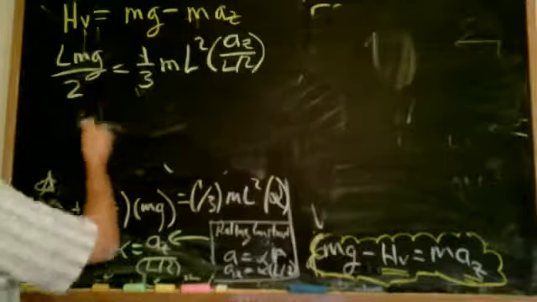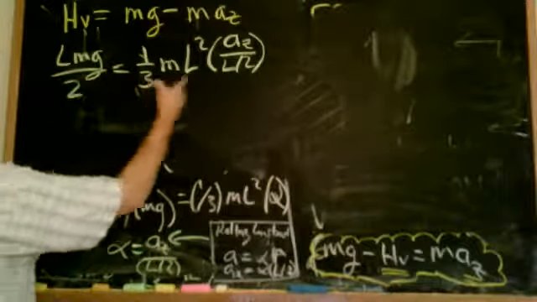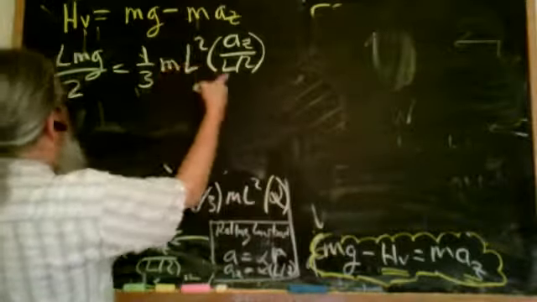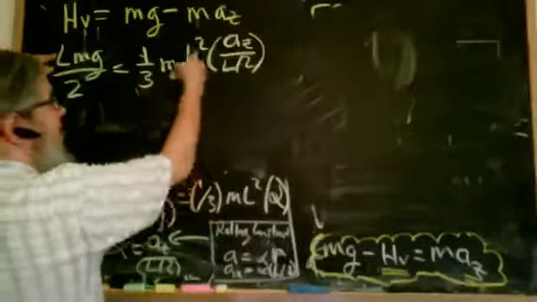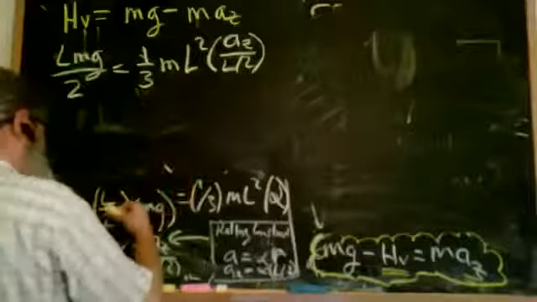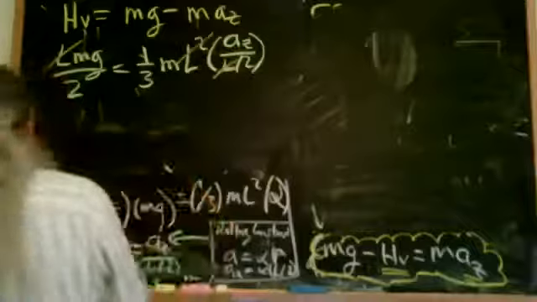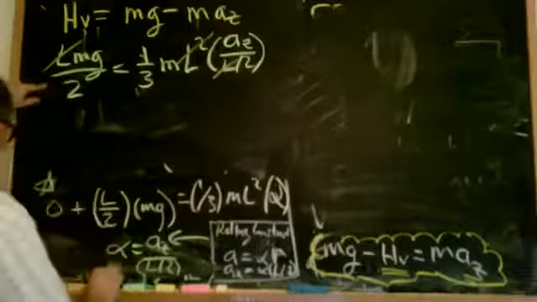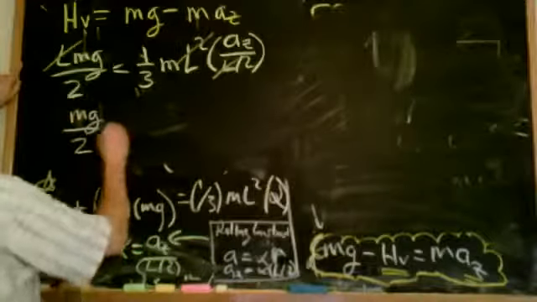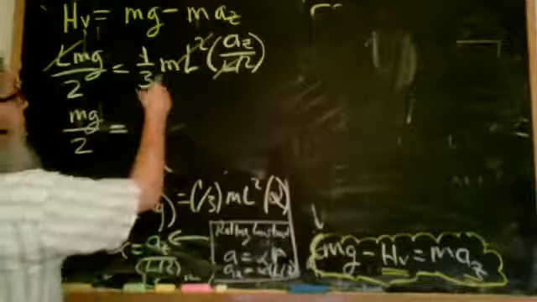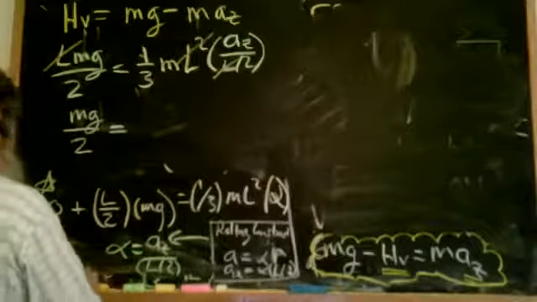So let's tackle this second one. What's happening here? I've got an L squared over L. Oh, by the way, that means I've got an L here and L squared over L here. So the L's all cancel. That's nice. I end up with an mg over 2 on this side. Notice this, the m's cancel too.